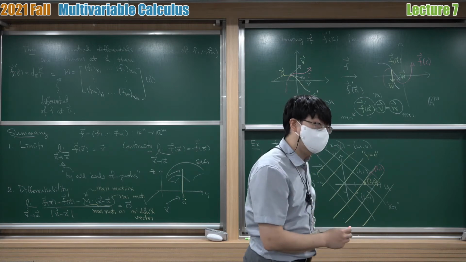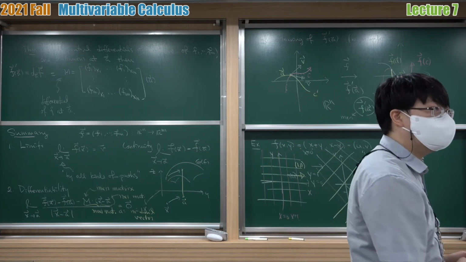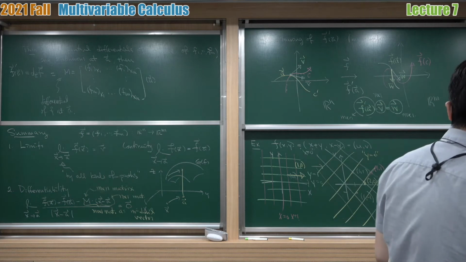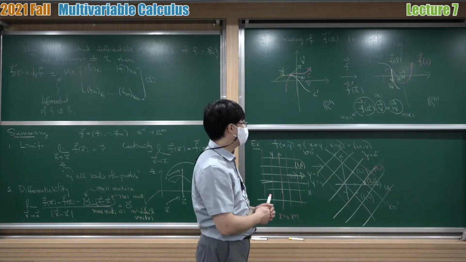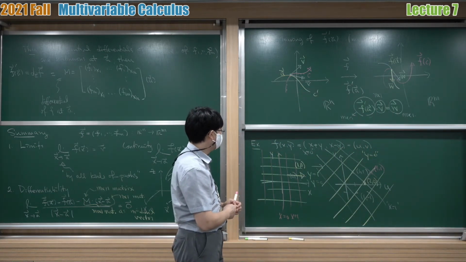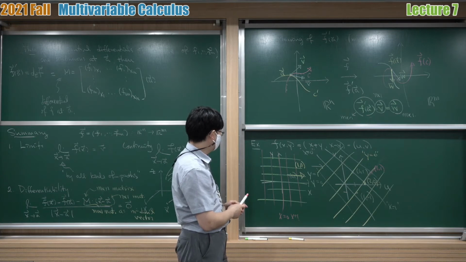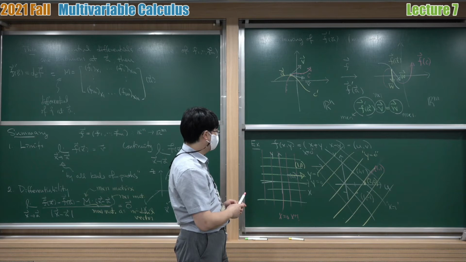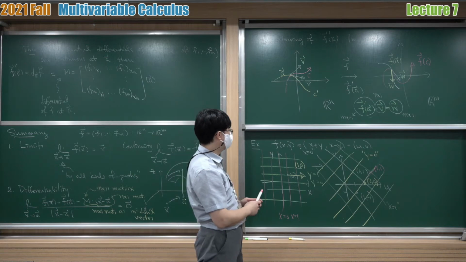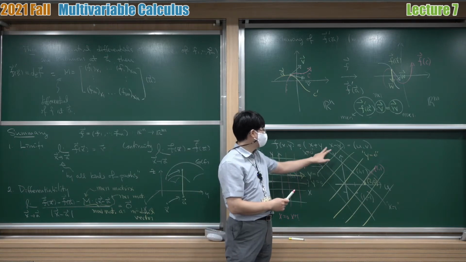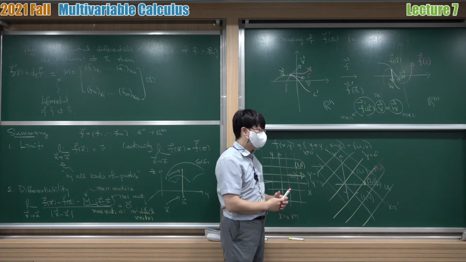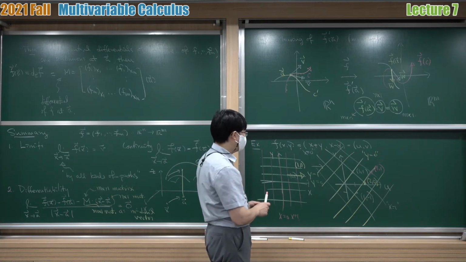Why do you think so? Because the y value doesn't change in the xy coordinates. So the only changing coordinate is the x value. And we already experienced that if the x value changes, then its slope will be 1 in the u coordinates.